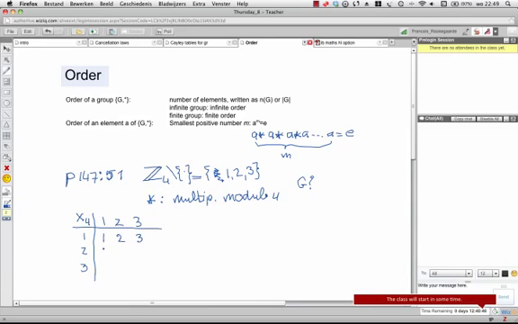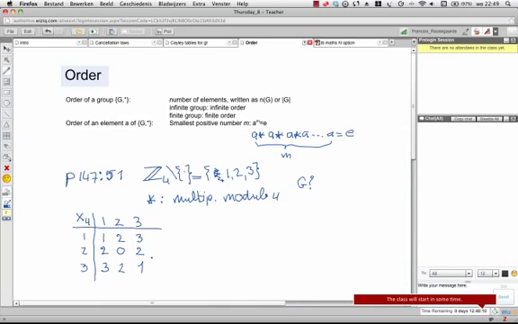Here the remainder will be 2. 2 times 2 gives me 4, divided by 4 goes 1 time, and the remainder will be 0, and here 2 times 3 is 6, the remainder will be 2. Then 3 times 1 is 3, remainder 3. 3 times 2 is 6, divided by 4 is 1 time, remainder 2, and 9 divided by 4 I have a remainder of 1, and that's my Cayley table.